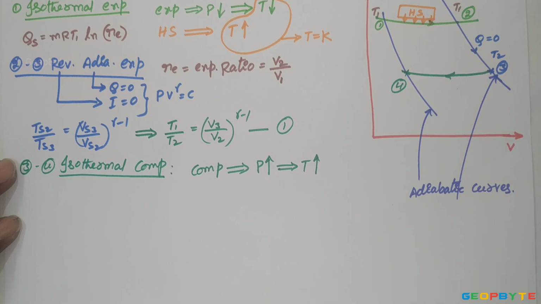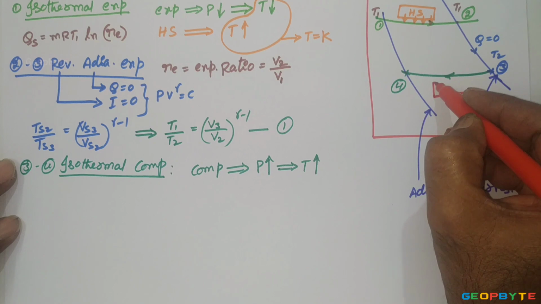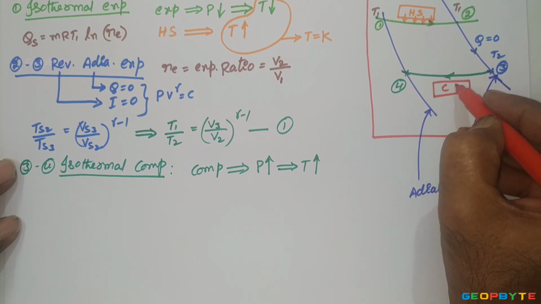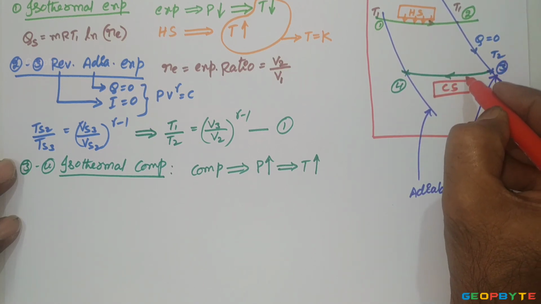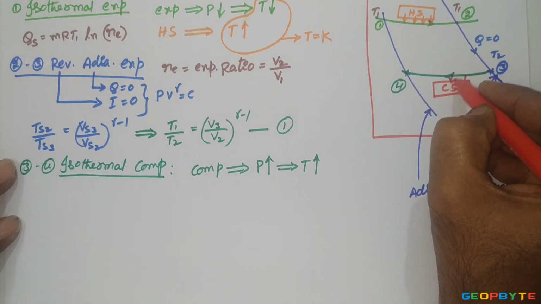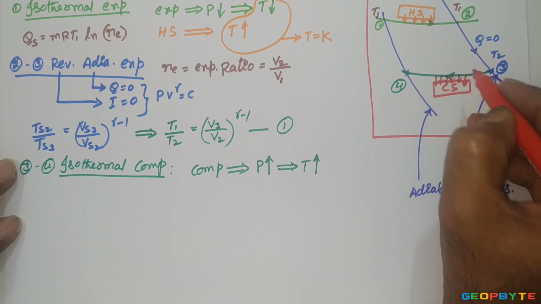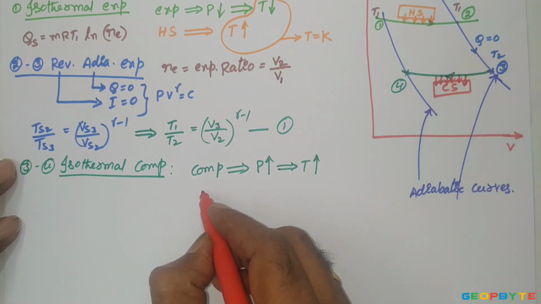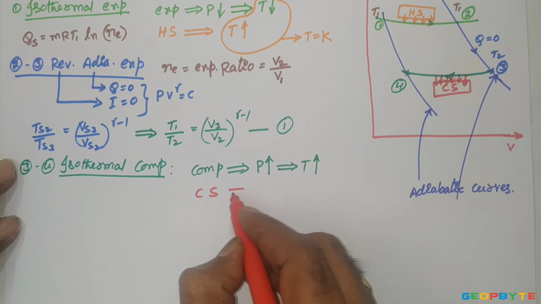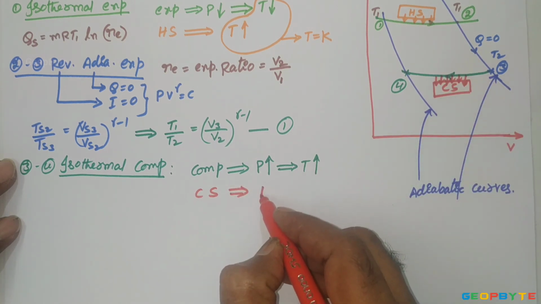For arresting the temperature, or for maintaining the constant temperature, you must add the cold source. Once you add the cold source, the compressing gas can dump the heat to the cold source. So that cold source is receiving the heat energy from the compressing gas.